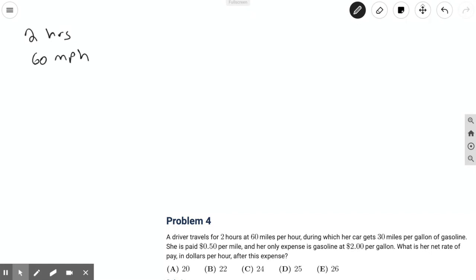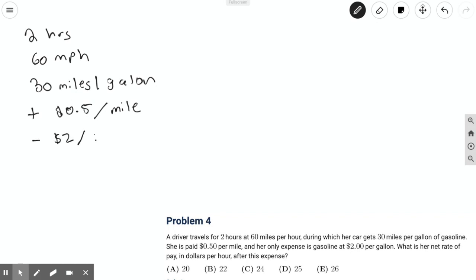Her car goes at 30 miles per gallon, and she is paid 50 cents per mile, and she loses $2 per gallon. So with this information, we have to calculate her net rate of pay.